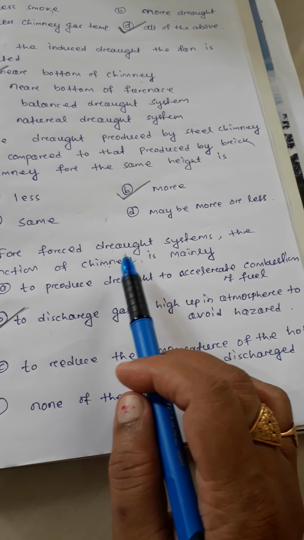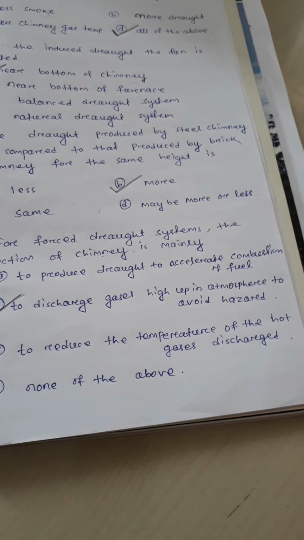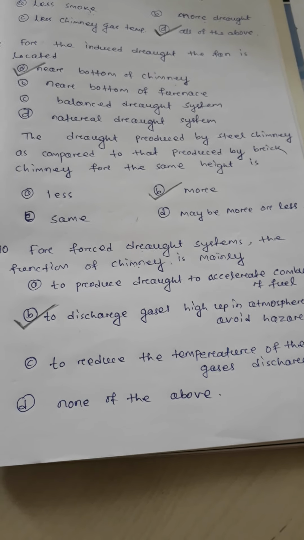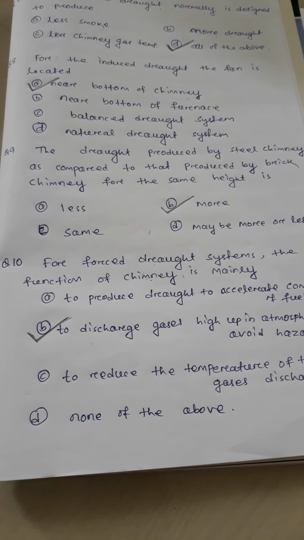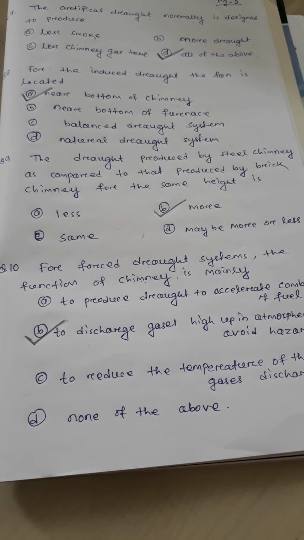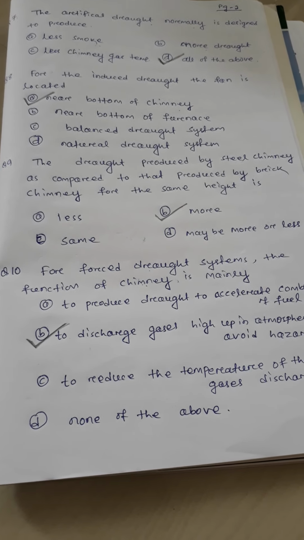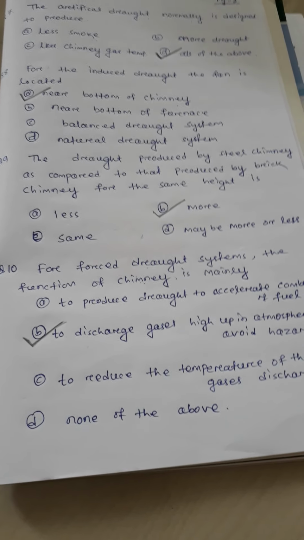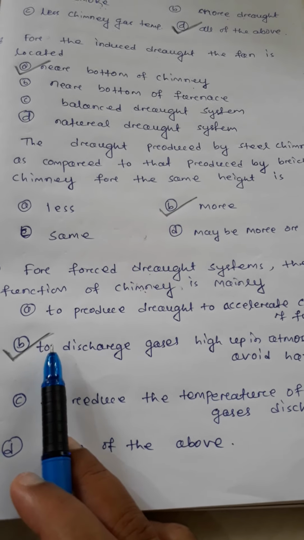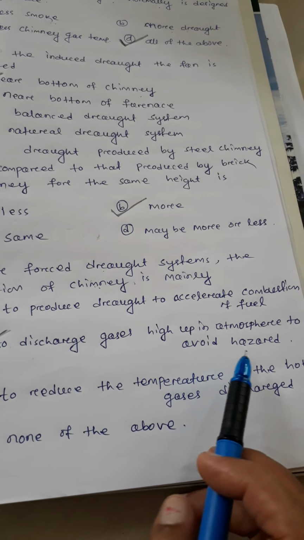Chimney is provided to discharge the gas high up in the atmosphere to avoid hazard. Chimney is definitely required, otherwise we cannot discharge the gases to a certain height. They will be discharged in a safe zone, so that pollution may be controlled and there will be no hazard. So the option is, chimney is used to discharge the gases high up in the atmosphere to avoid hazards.